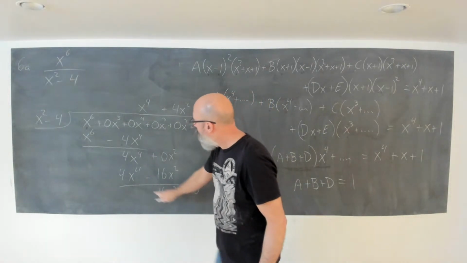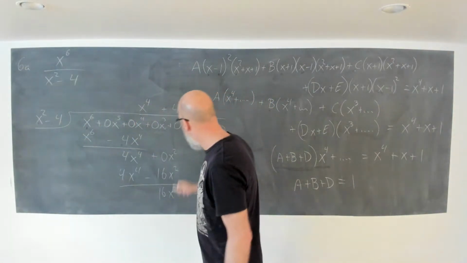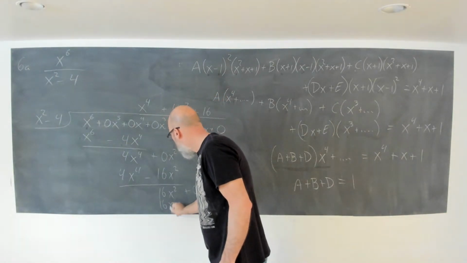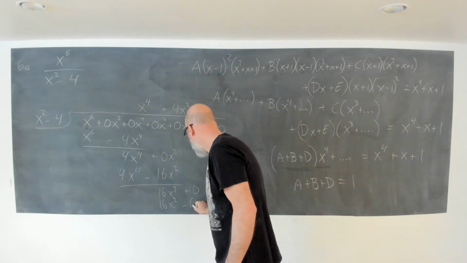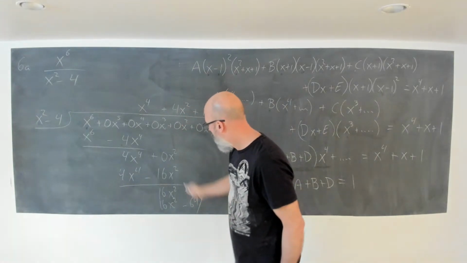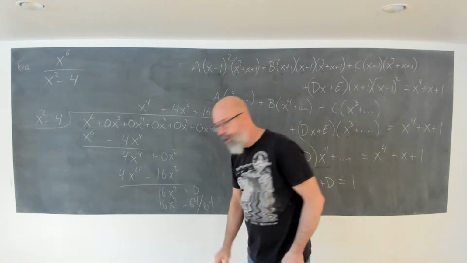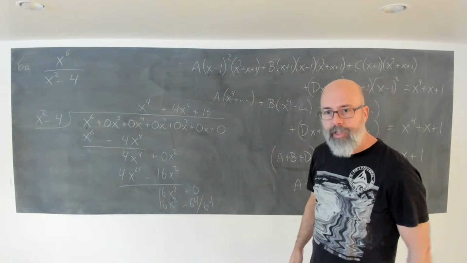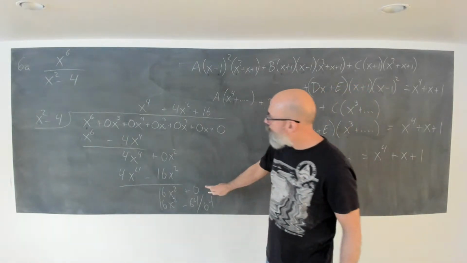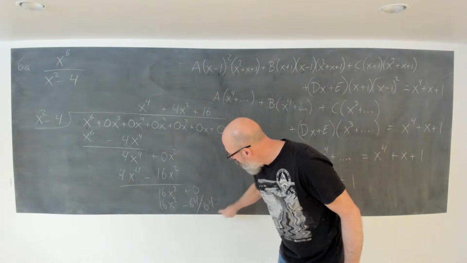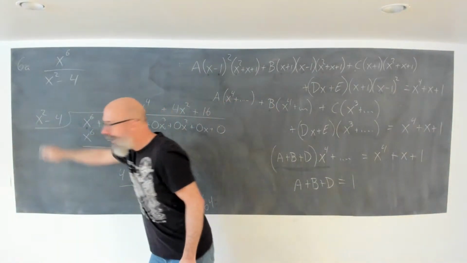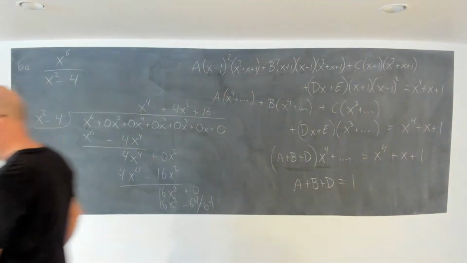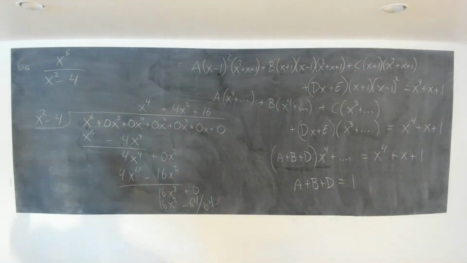And we repeat: what must we multiply to x squared to get a 16x squared? And the answer is 16. And when you subtract, you get a remainder of 64. Not a remainder of 0, but a remainder of 64. In general, you would stop when the degree of the remainder is strictly less than the degree of the divisor.